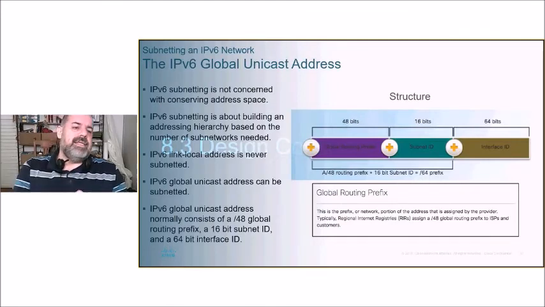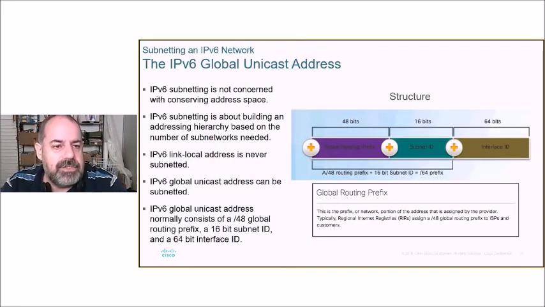Now, IPv6. IPv6 subnetting is not concerned with conserving address space. There is so much address space. IPv6 subnetting is about building an address hierarchy based on the number of subnetworks needed. IPv6 link-local addresses are never subnetted because they're not used between networks. IPv6 global unicast addresses can be subnetted.